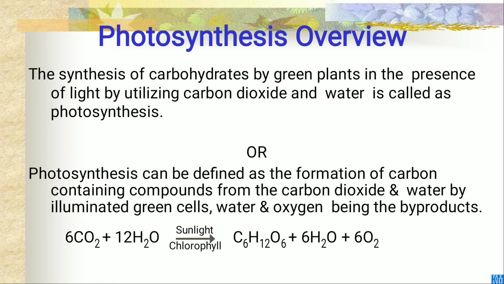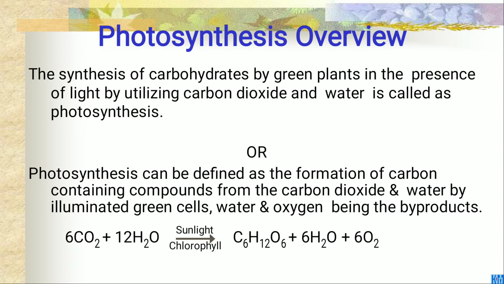Photosynthesis can also be defined as the formation of carbon-containing compounds from carbon dioxide and water by the illuminated green cells, water and oxygen being the byproducts. This is another definition of photosynthesis.